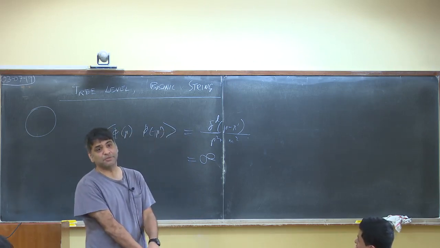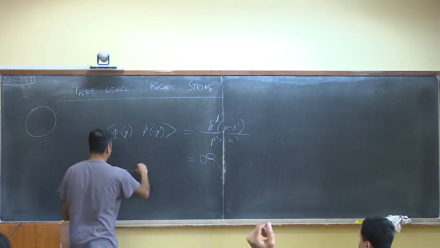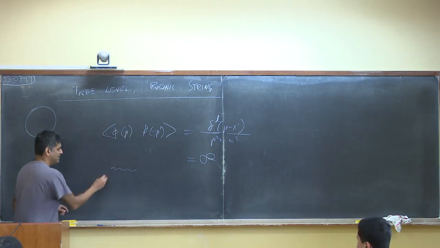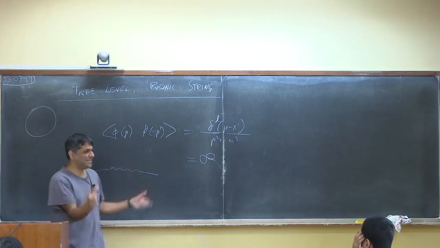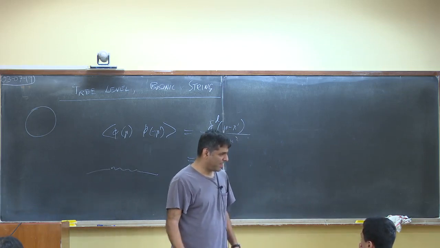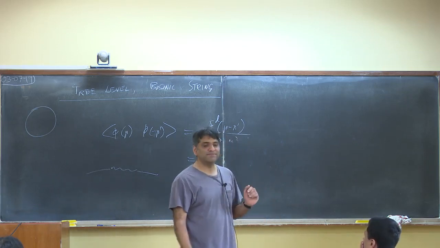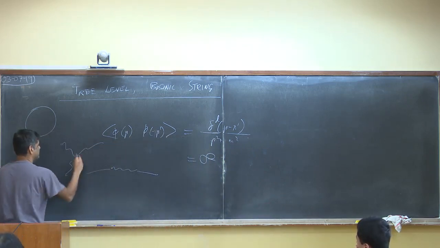Now there's something else you might want to compute. This propagator is this line, but you may want to add external lines to it, which is adding 2 propagators to it. In Feynman diagrams, we often compute truncated Feynman diagrams.